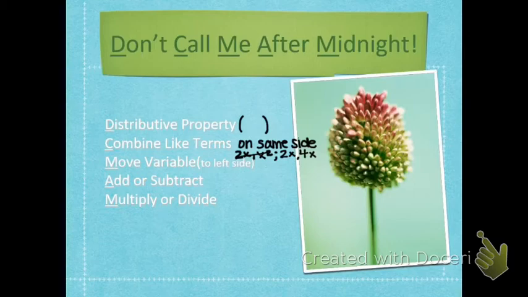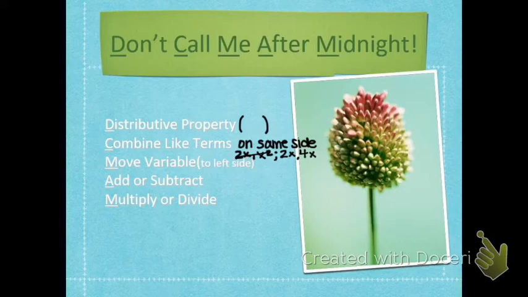But if there is a variable on both sides, we're going to do our best to move the variable to the left side of the problem. Remember my preference that I taught you last week? I like the variable in the final answer on the left side. So if we can go ahead and move it to the left side, then that's what we're going to do. If moving the variable to the left side left nothing else on that side of the equation, then we wouldn't do it. We'll get to examples like that as we move along.